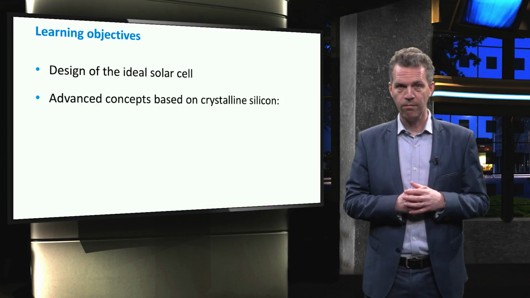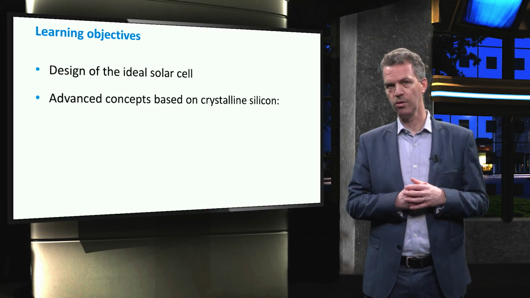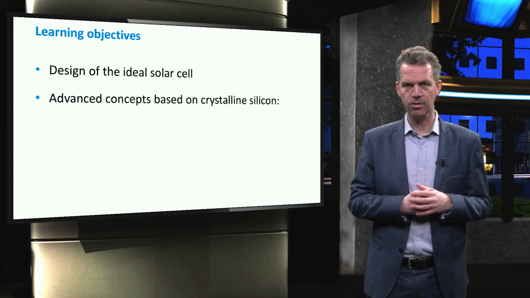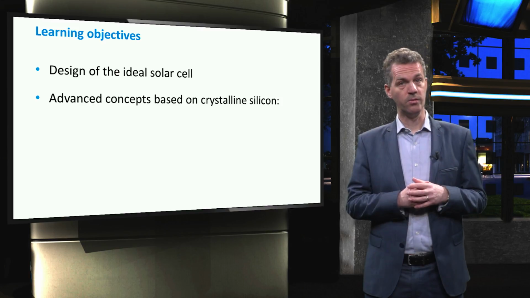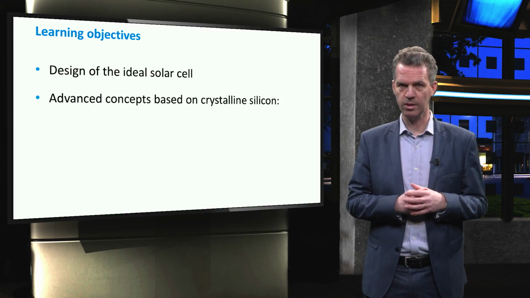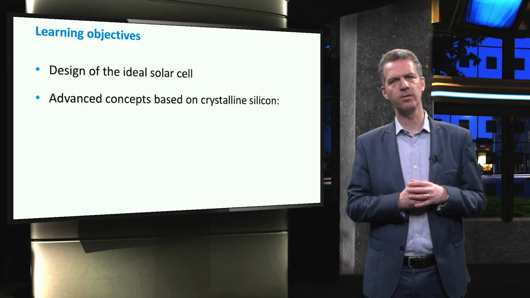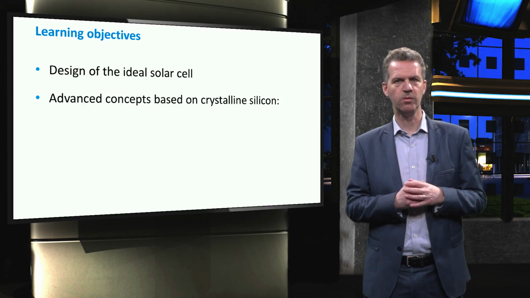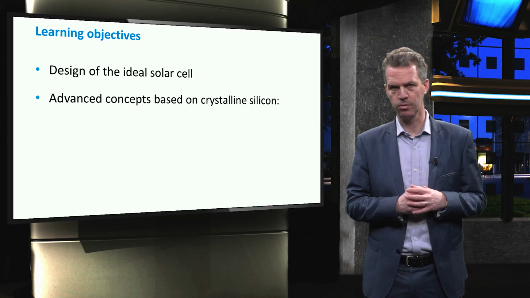Next, we will move our focus to advanced concepts for solar cells based on crystalline silicon that deviate from the standard solar cell design. Note that many different design concepts for crystalline silicon-based solar cells have been published in literature, and in this video we cannot discuss them all, but we have selected some interesting concepts for you that are now researched and produced.